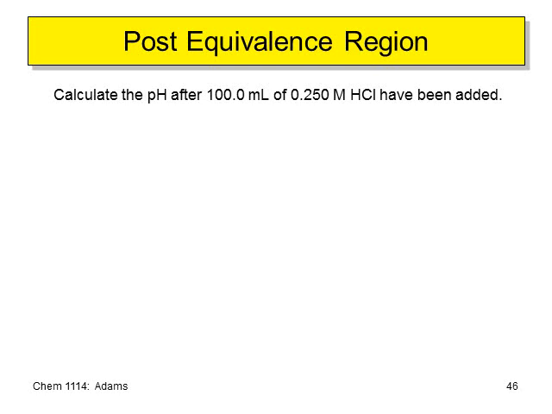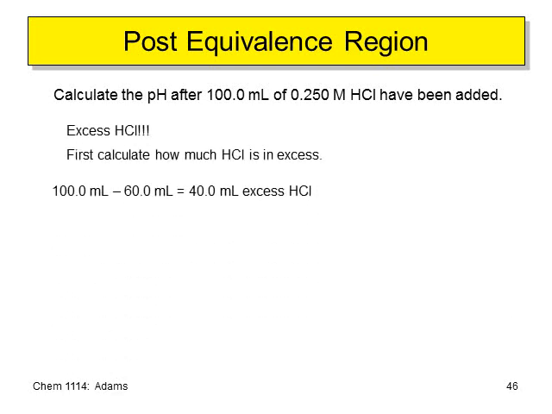Next, we've got our post-equivalence region, and this is part E, after 100 milliliters of the acid have been added. Again, we do not need an ICE table because really the only thing that is present in great excess that's giving us the pH is a strong acid, which does not have a Ka.